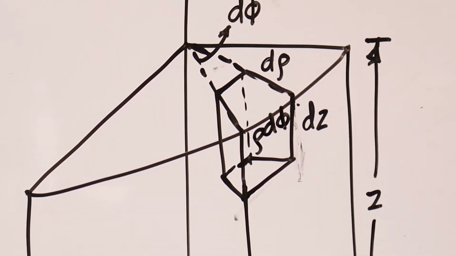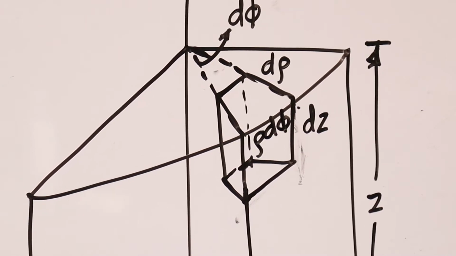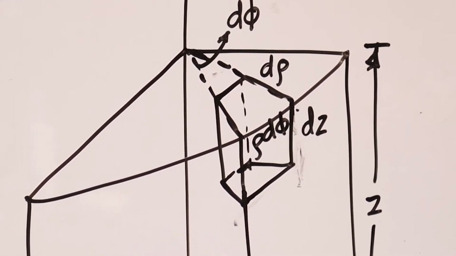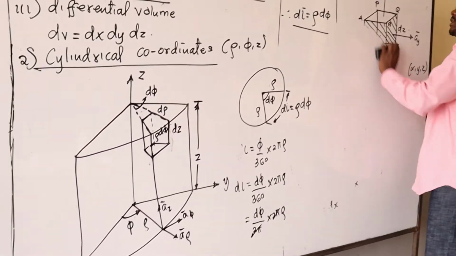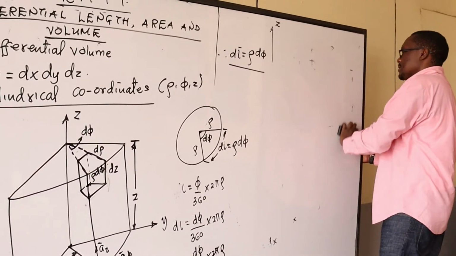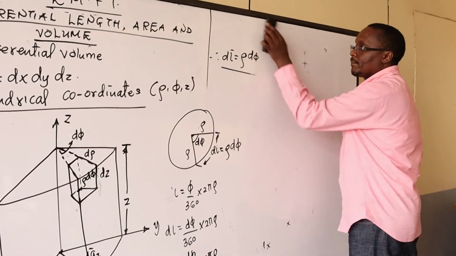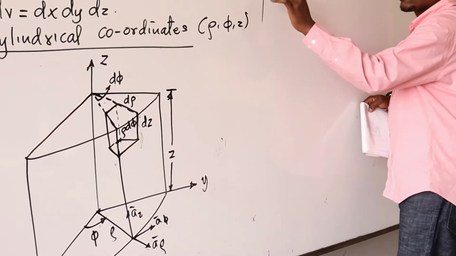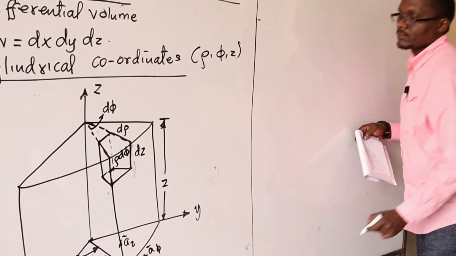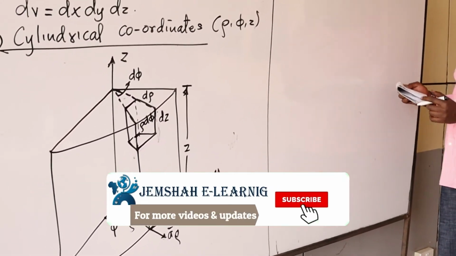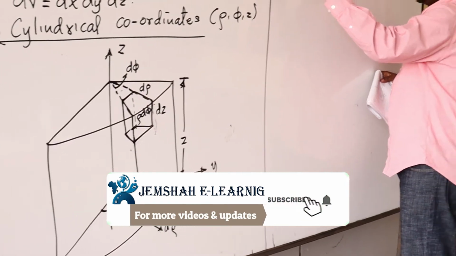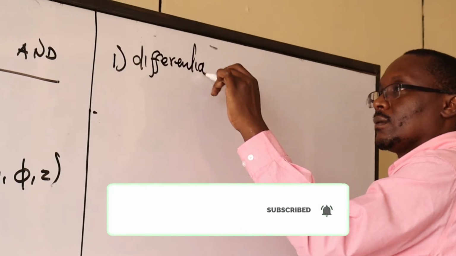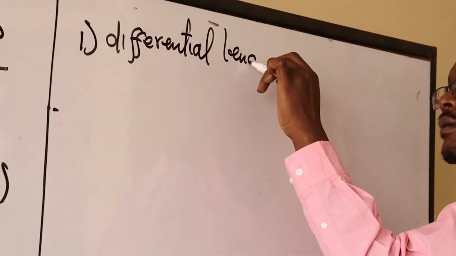So now we can write our differential length, our differential surface, and our differential volume for the cylindrical coordinate system. If we are supposed to start with Roman 1, let us have our differential length.